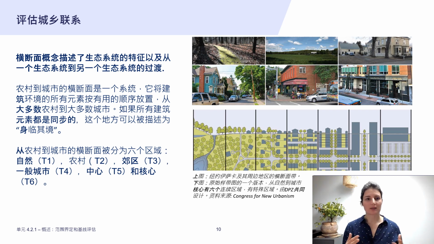If all the built elements are synchronized, the place can be described as immersive, with all elements being symbiotic. As you can see on the diagram on the slide, the rural to urban transect is divided into 6 zones: natural, rural, suburban, general urban, center, and core.